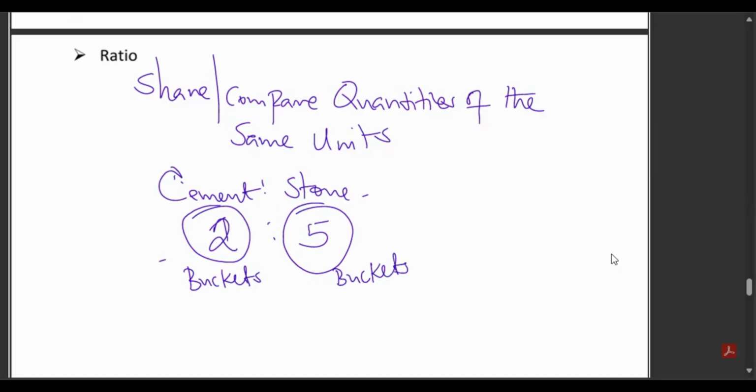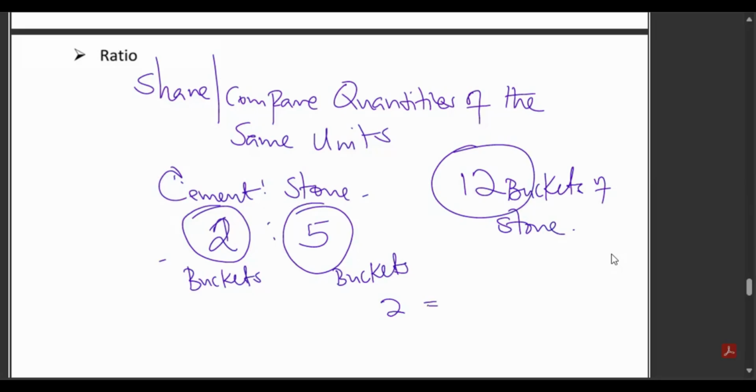But then the question comes, what if you have 12 buckets of stones? How many buckets of cement would you need? You see, now the story has changed a little bit. Do you know what you're going to do? You will ask yourself, if 2 is equivalent to 5, now I have 12, how many buckets? So cross multiply.